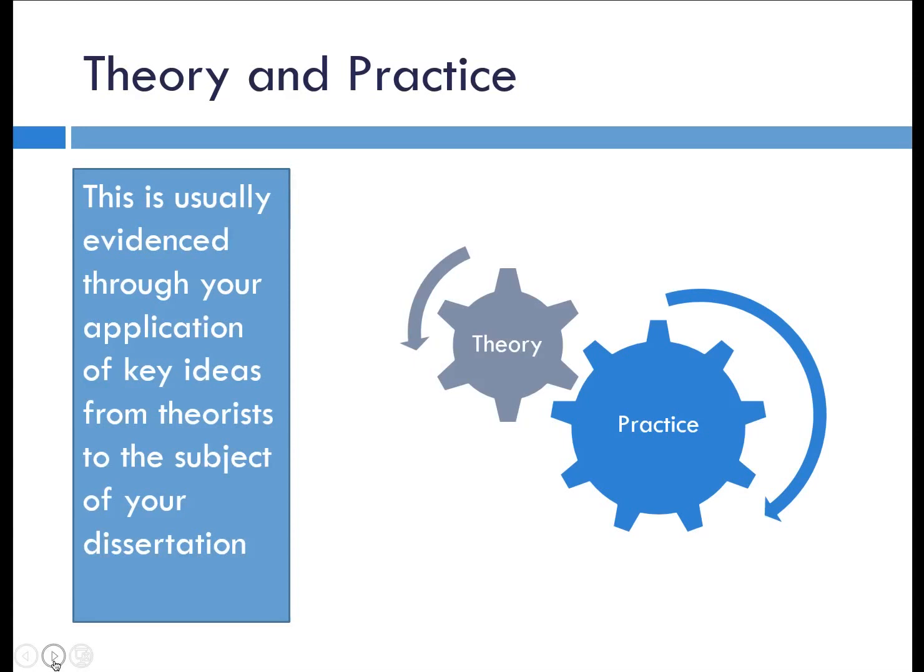You may not always agree with them. The other evidence you have found may support or disprove them, or they may be simply a tool for analysis you're using, such as semiotics. You may investigate an image using semiotic language. But these key theorists, these key ideas, are applied to the subject of your dissertation.